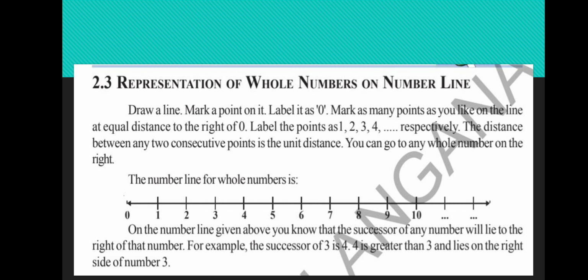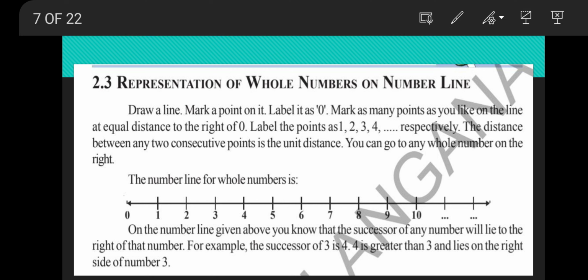Next, representation of the whole numbers on the number line. It is very easy. We have to draw the line. So the whole numbers will start with 0. So the starting place we will represent with 0, and then mark points at equal distances.